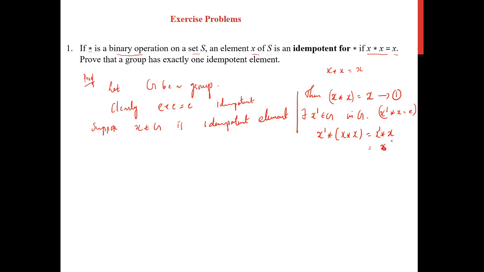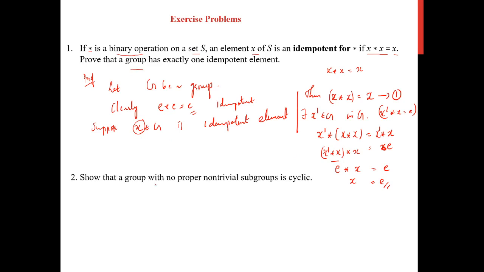So X dash star X equals the identity element E, and also by the associativity property, X dash star X star X. So X dash star X is E, E star X equals E, so then X equals E. So that means if there is another idempotent element, then that must be equal to the identity element. So the group has exactly one idempotent element.